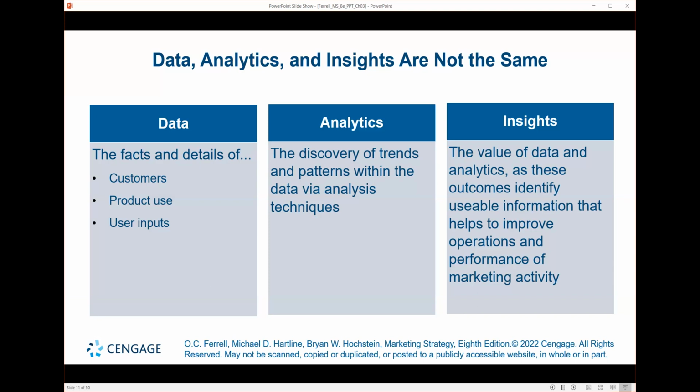It is the analytics that create the discoveries of trends and patterns within the data that ultimately lend us to come up with compelling information. But it's the insights, the value of that, that helps us to identify what information is usable, that helps us to improve operations.